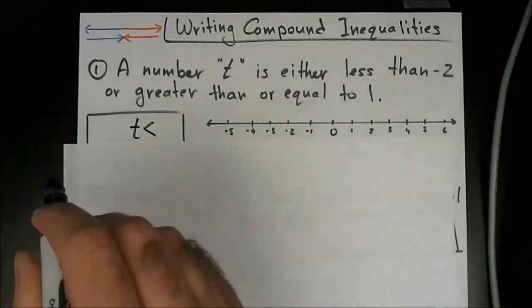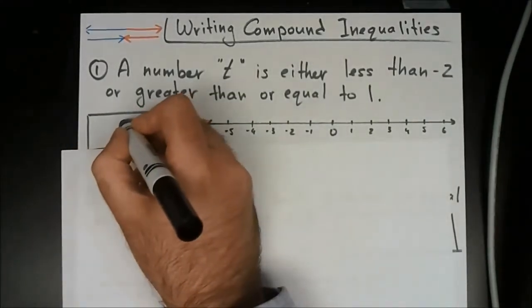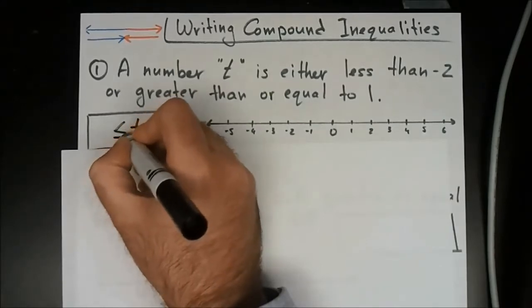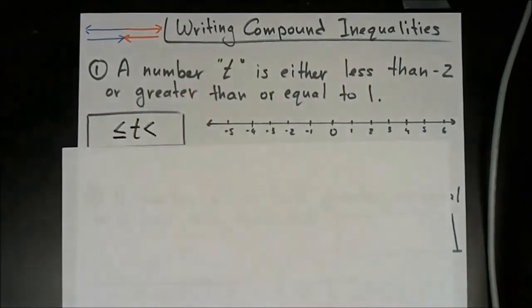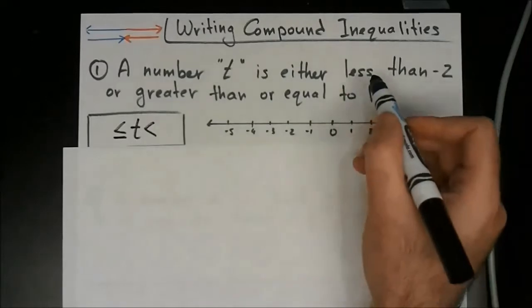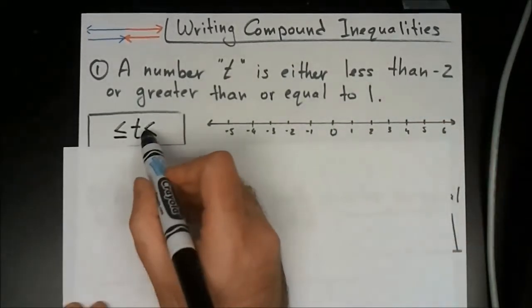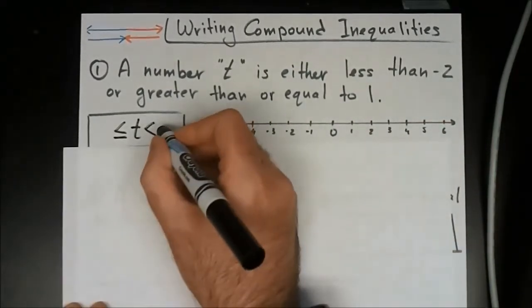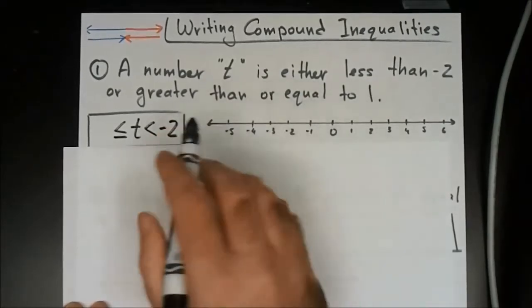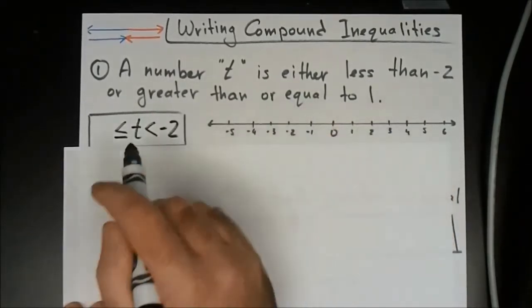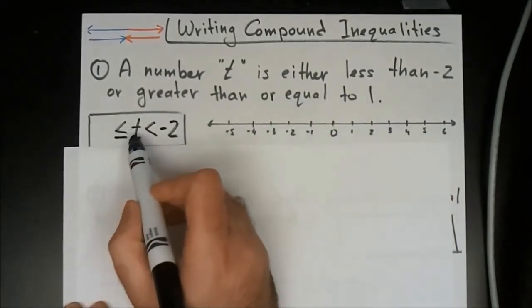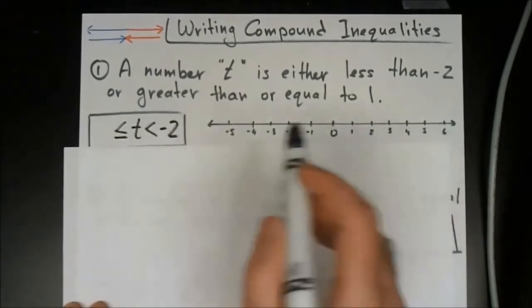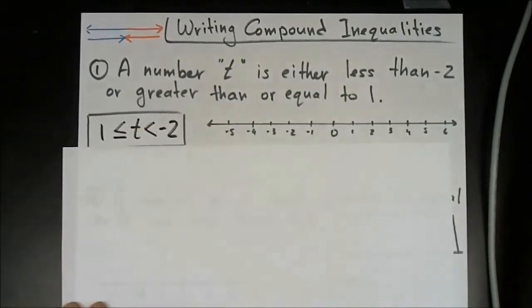Okay, I could do that. Like that. It all works out. Less than, sharp part points at the variable, and it's less than -2. Greater than or equal to, combo symbol, large part points towards the variable. That works. -2. That's it.